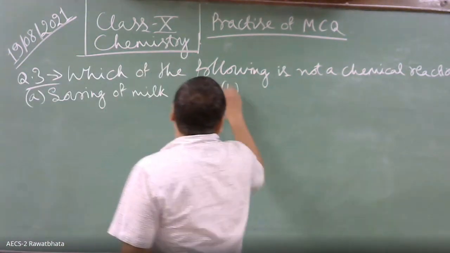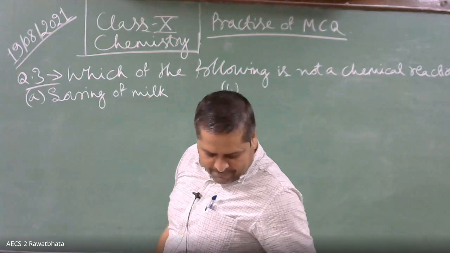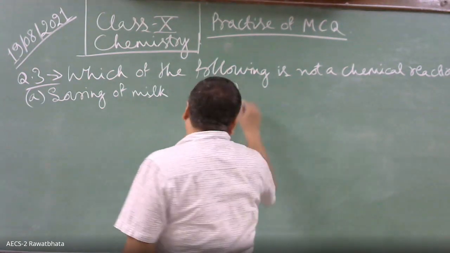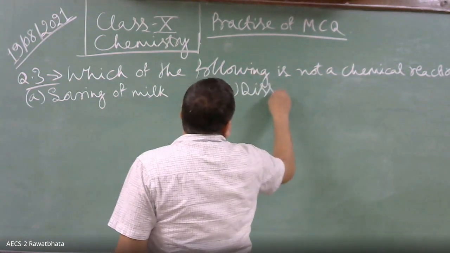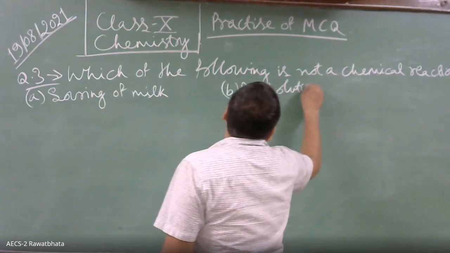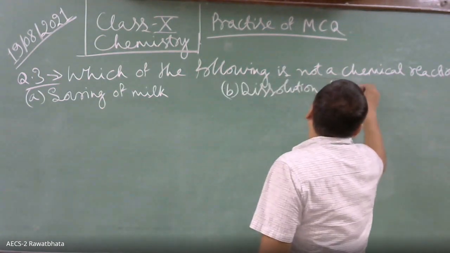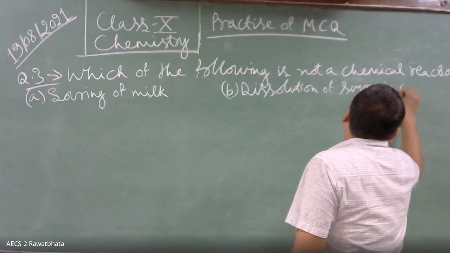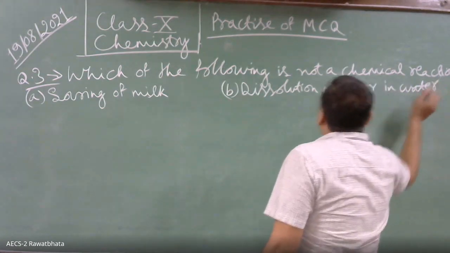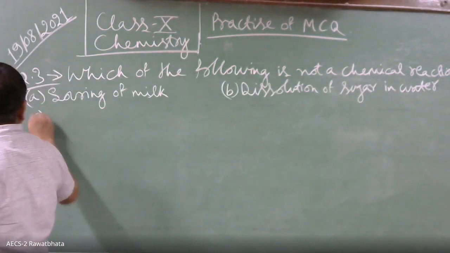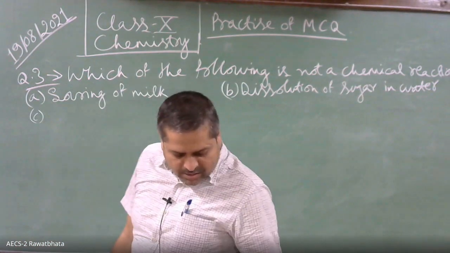B option is dissolution of sugar in water. Third option is rusting of iron.